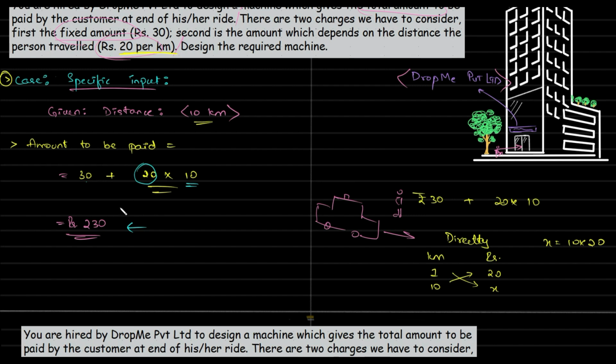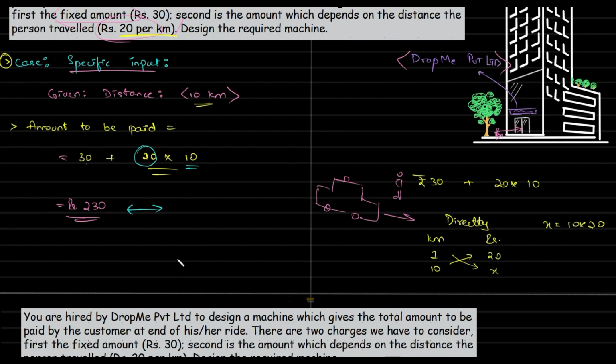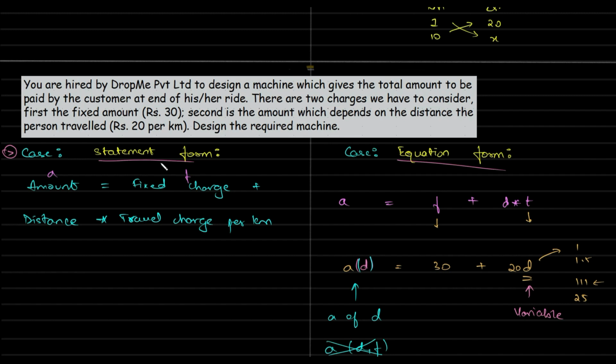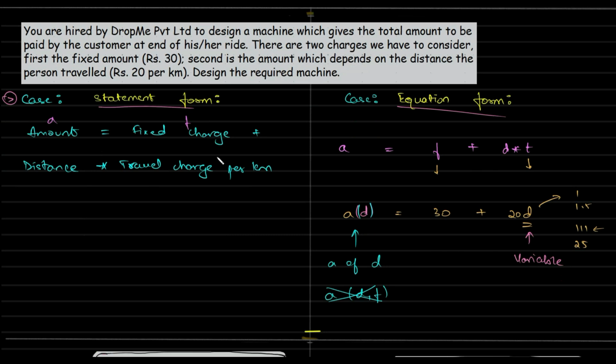So when both are equal, then the scientist will be like, okay, my thinking is right. Let me put it in equation form. Let me convert to statement form first, and let me name them, give them different names.